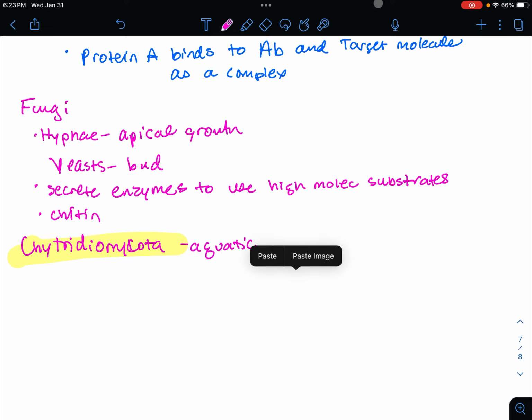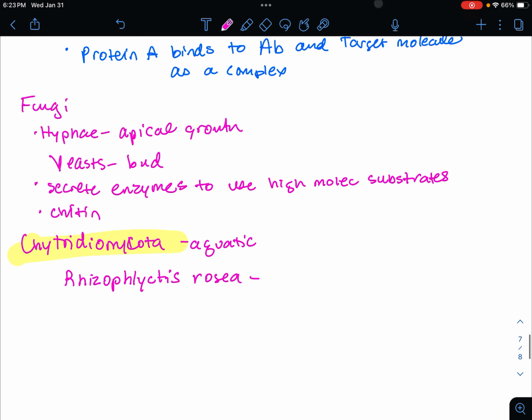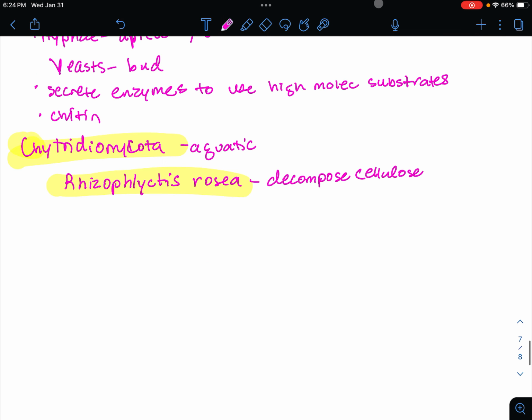Rhizophydium rosea. This is going to be able to decompose cellulose. Rosea kind of reminds me, oh, that's a rose. Plants have cellulose, so that one is able to degrade cellulose. That's how I'm probably going to remember it, hopefully.